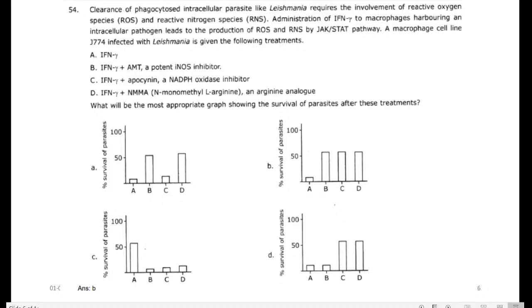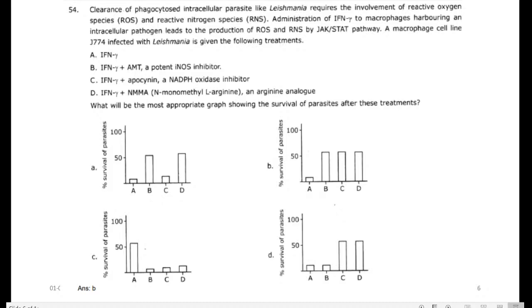In this way, the macrophage cell line J774 is infected with Leishmania. This J774 is just a cell line, not a microorganism.